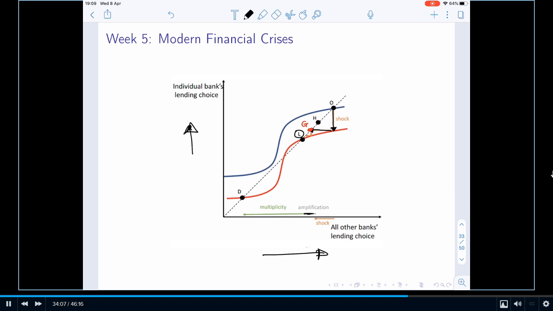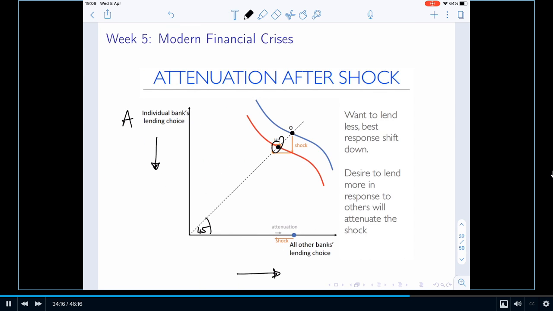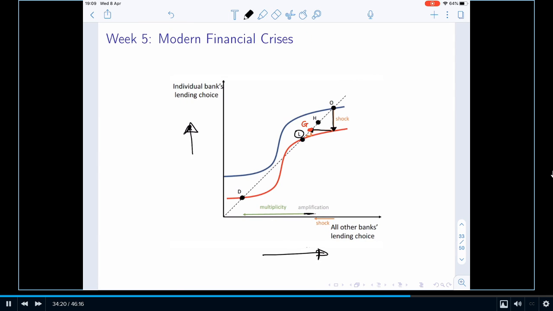So that shock is getting amplified. And in addition, we now have the possibility, or in this case, we do have multiple equilibria that emerge. So before there was always one unique equilibrium, before and after the shock. Now we have multiple equilibria. So in addition to the shock being amplified and us moving to point L, we could also jump all the way to this new bad equilibrium, i.e. engage in this multiplicity jump, and that could cause a huge decrease in credit.